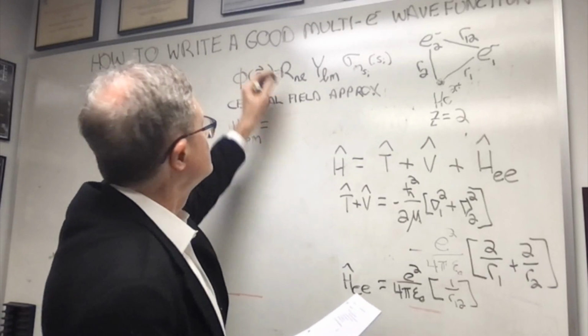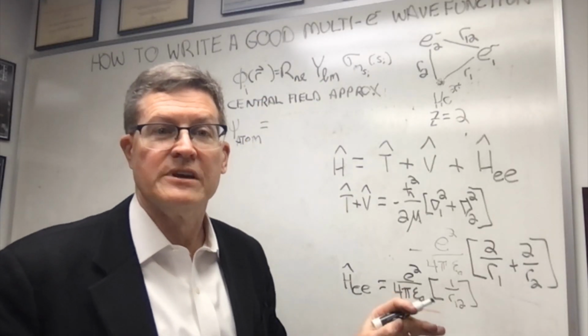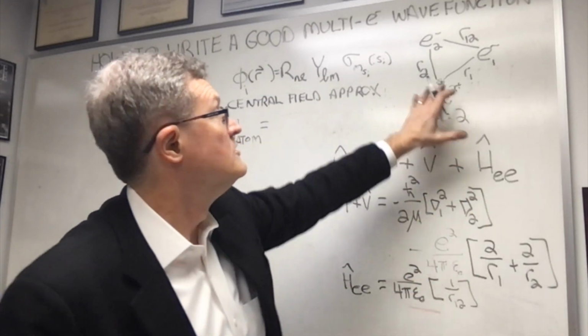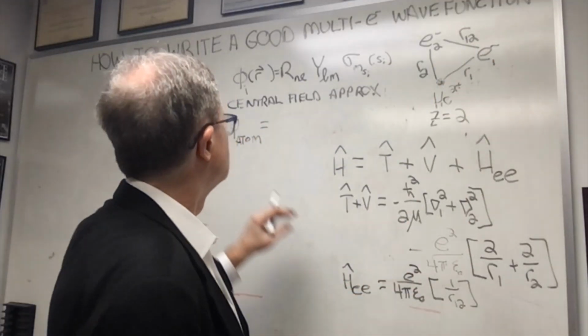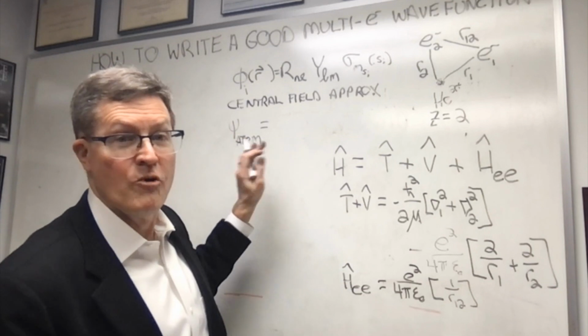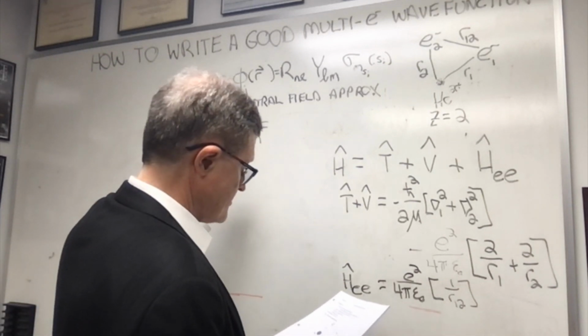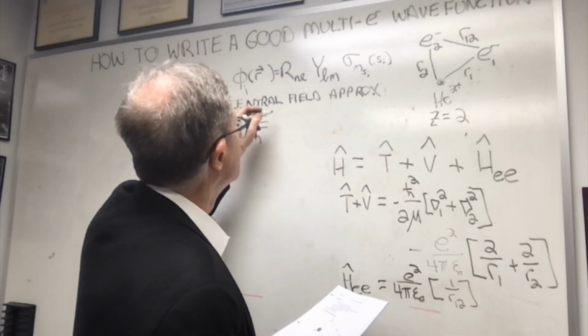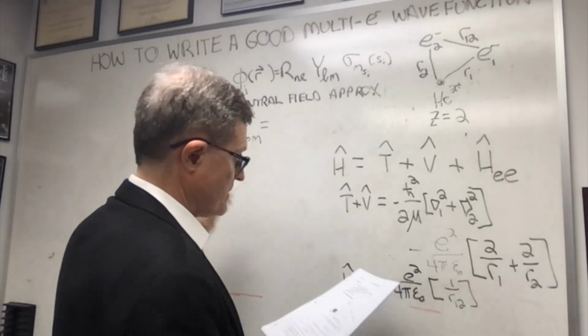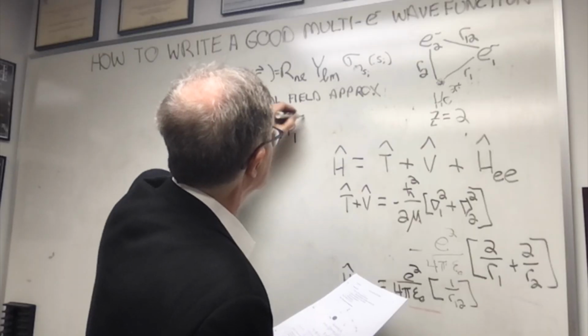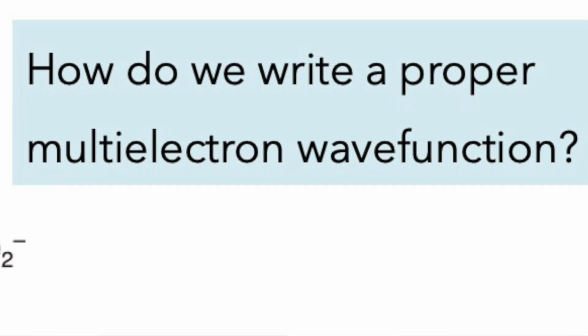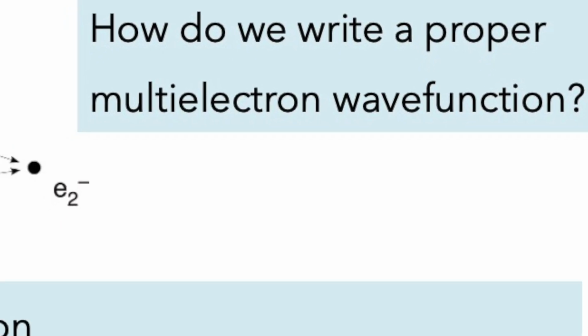Each one of these electrons is moving in the potential of the nucleus and the other electrons in the system, and we'll make an atom overall wave function that's going to be a product of the individual ones. In this case, we have 2 electrons, so we'd have a psi 1 times a psi 2.